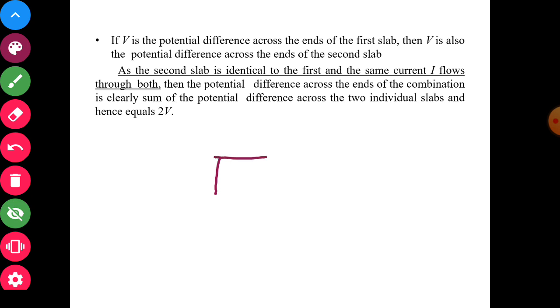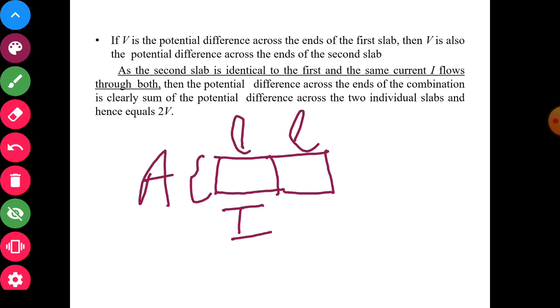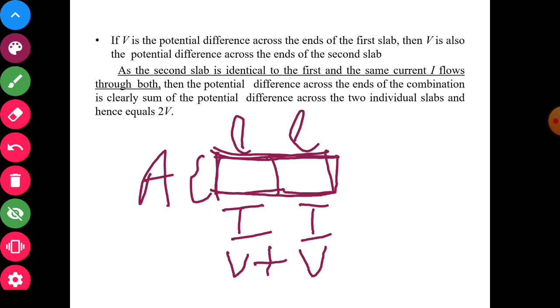If you have the first slab and the current is I, and you place the next slab close to it, whose length is the same and whose area is the same, then the current through this will also be I. But the voltage across the first was V, and across the second it is V, so the total voltage across this combination will be 2V. Earlier the current was I, right now also the current is I, but the potential difference across the ends of this combination is the sum of the potential differences across the two individual slabs.